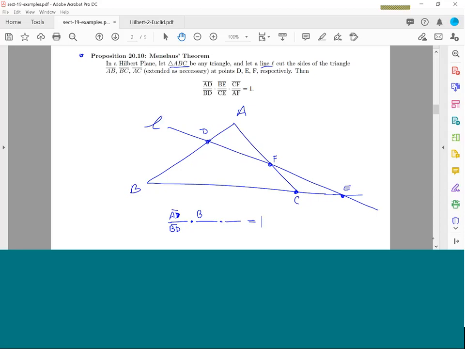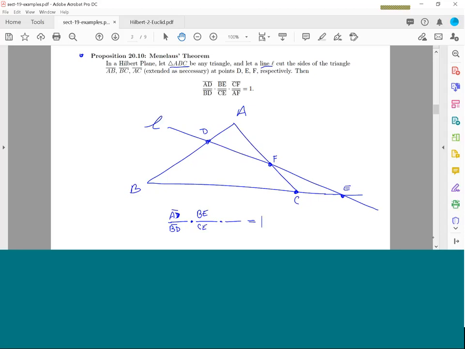And this is where you go and find the intersection of the line L and the side BC, or its extension. So what was the intersection of side BC and L? Anybody remember what that point is? That would be E. And then that gives us two new line segments.